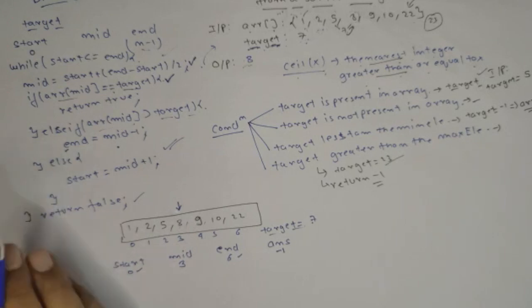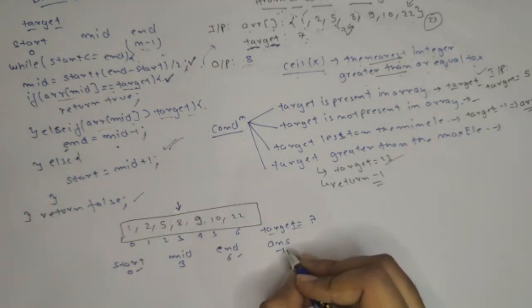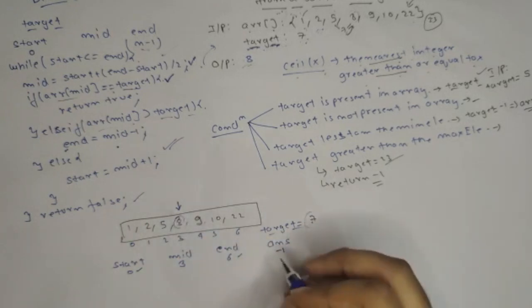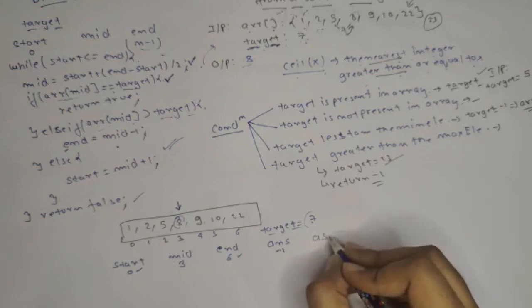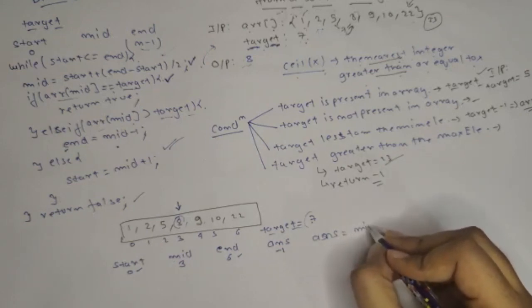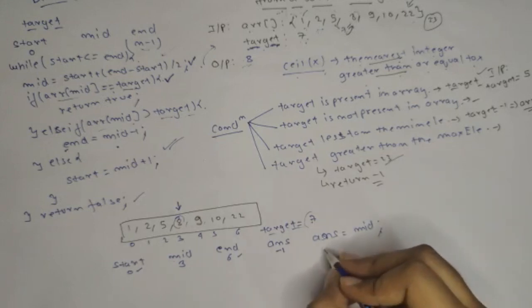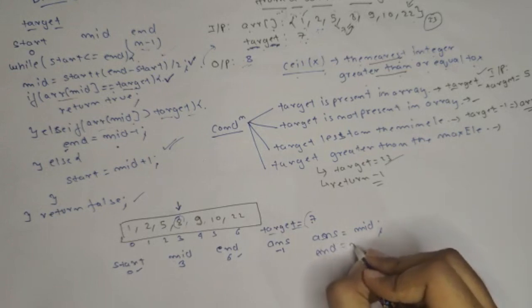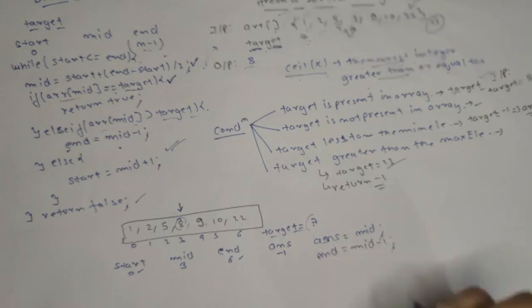half of the array. Okay, so basically whenever the middle element is greater than the target, we will be storing the middle value in the answer, and then we will modify the end as mid -1.